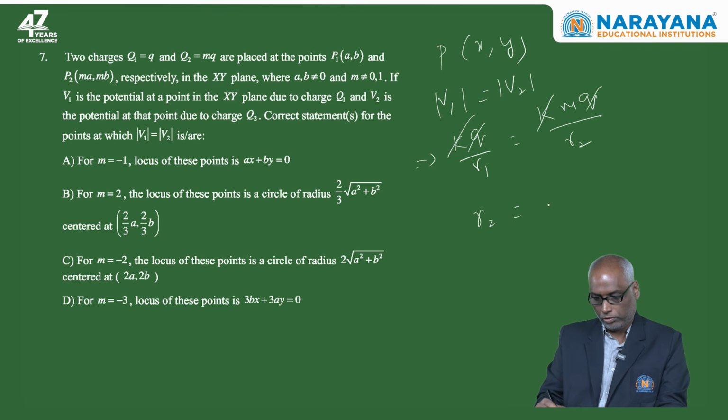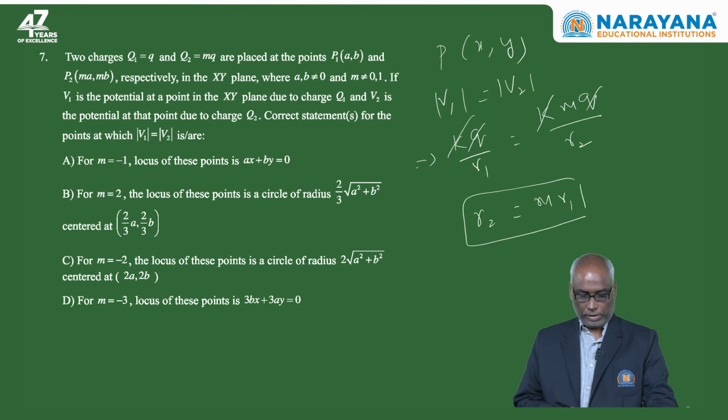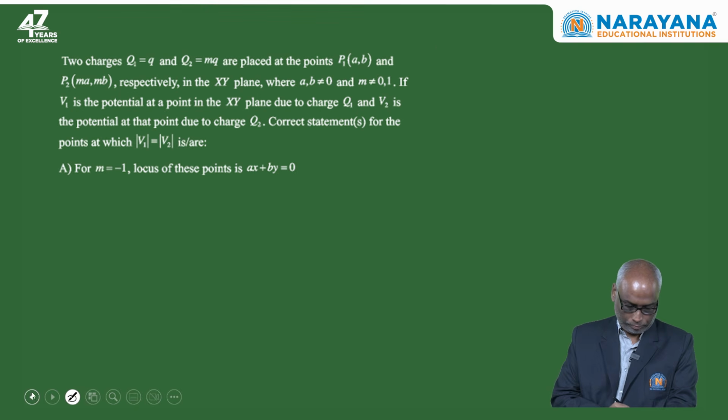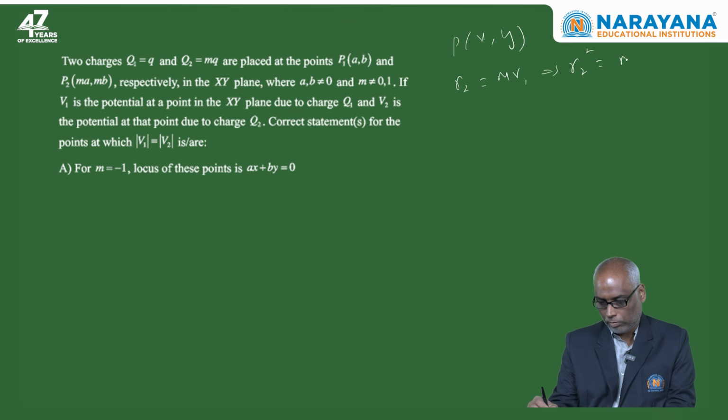From this equation we get R2 equals mR1. So the relation between R1 and R2 is R2 equals mR1. Now, since we got R2 equals mR1, this implies R2 square is equal to m square R1 square.